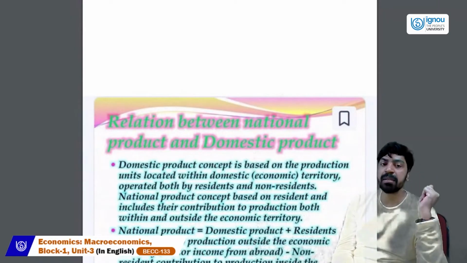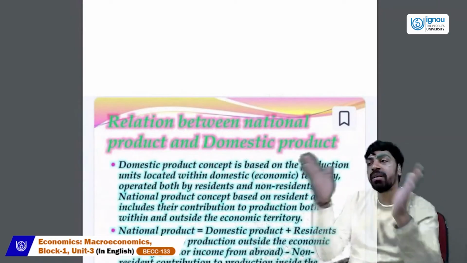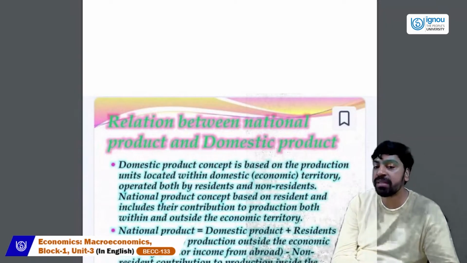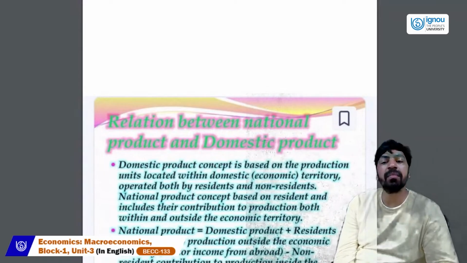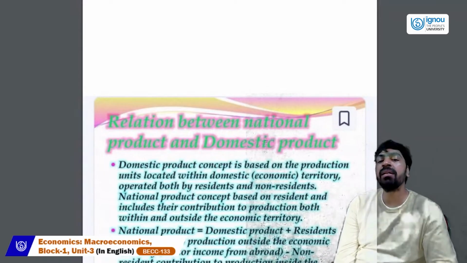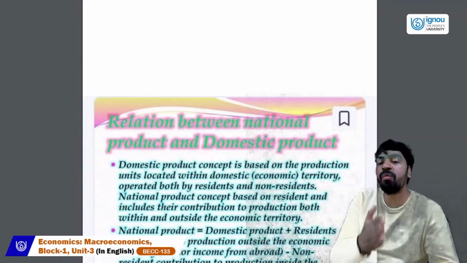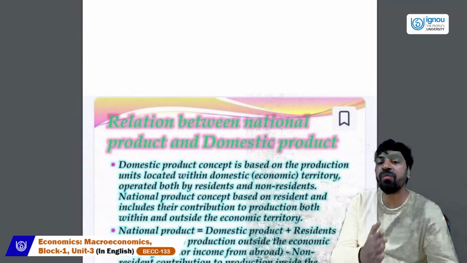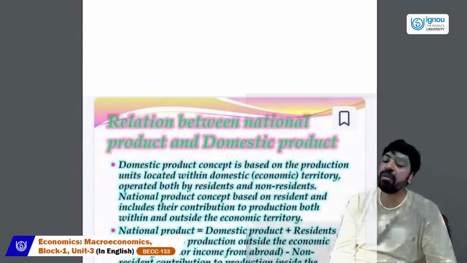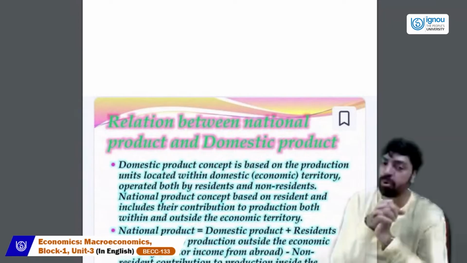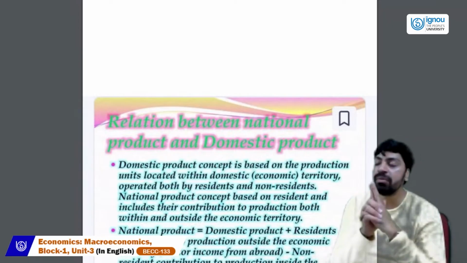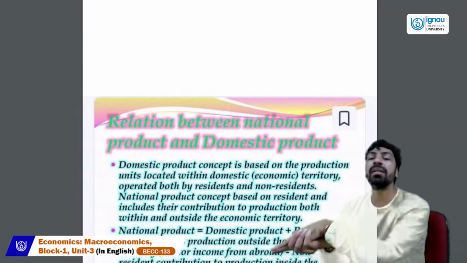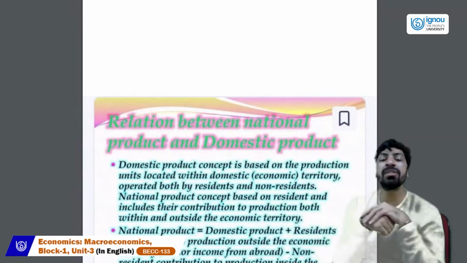Domestic product, whether earned by residents or non-residents, comes under the domestic country because it deals with one country only. National product deals with two countries, including residents earning within the country and outside the country. Everything is included in the national product.